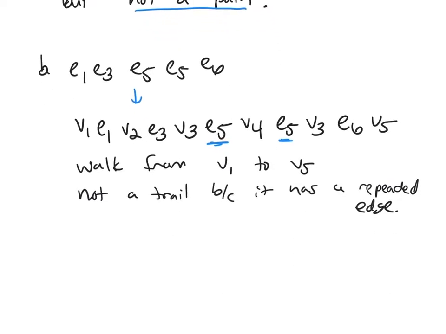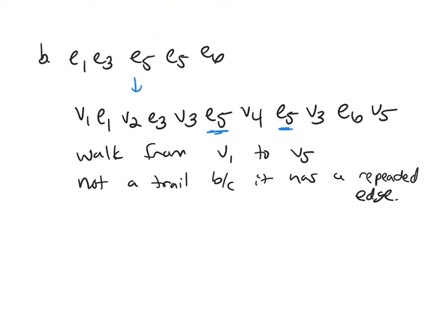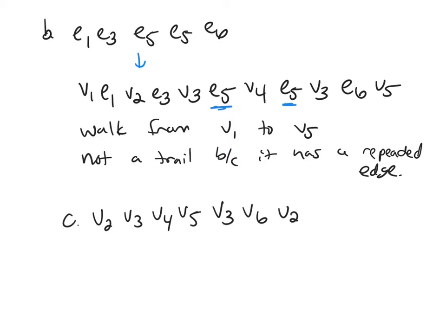Okay, the next one will be vertex 2, vertex 3, vertex 4, vertex 5, vertex 3, vertex 6, and vertex 2. So again, this is shorthand, so you might want to expand this out and see which walk it's describing.